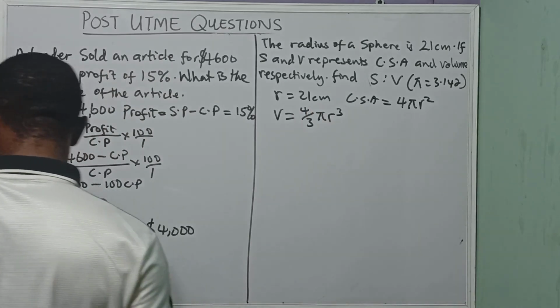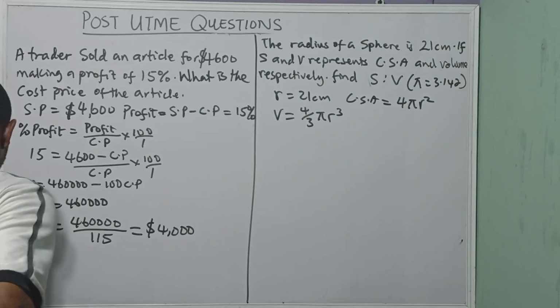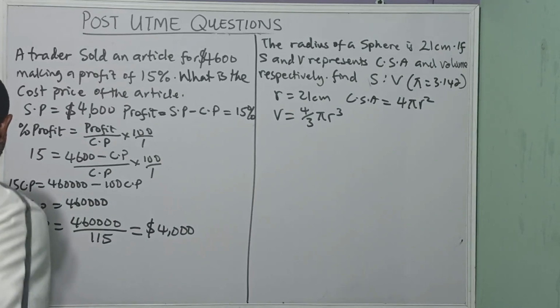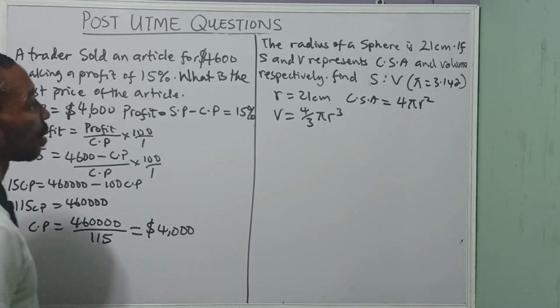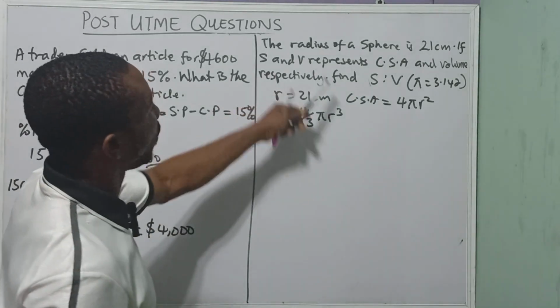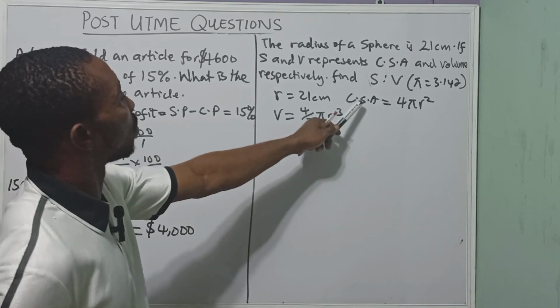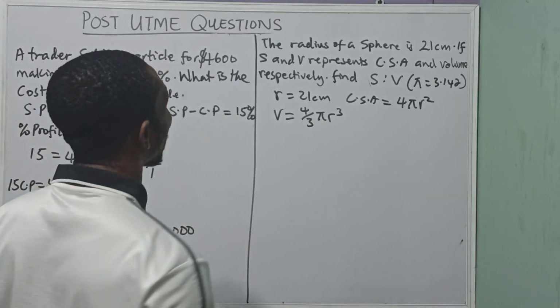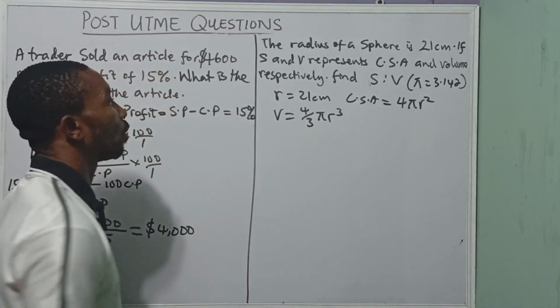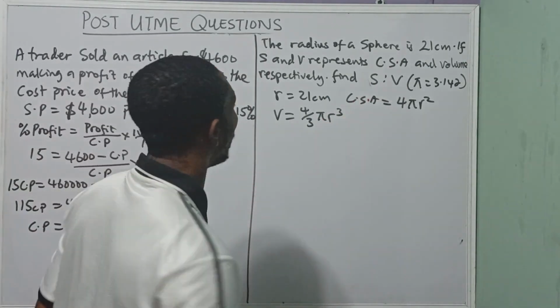Okay, 4 over 3 pi r cube will give us our volume for a sphere. All right, now S and V represent curved surface area and volume respectively. Now we should find the ratio of S is to V.